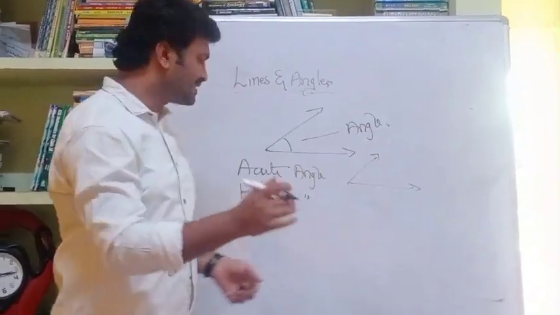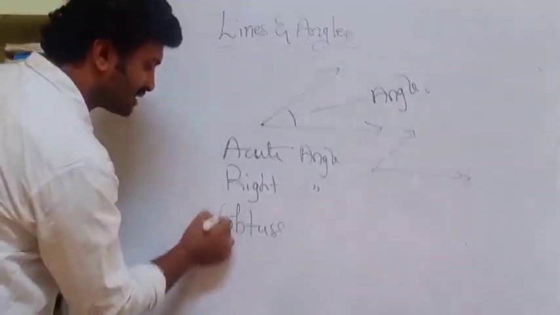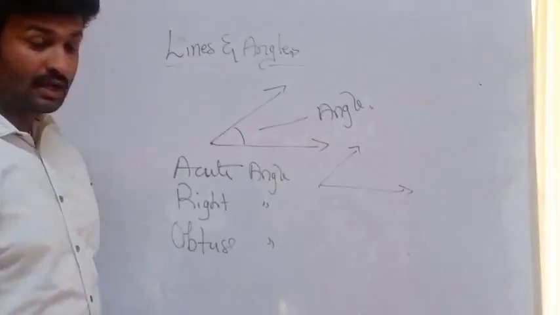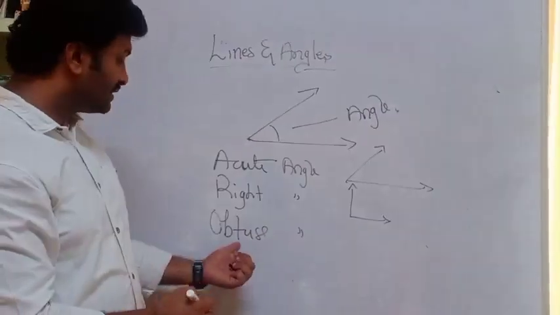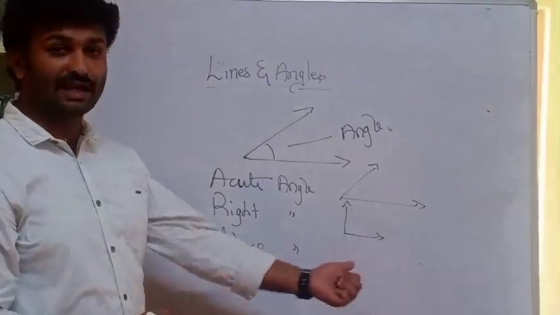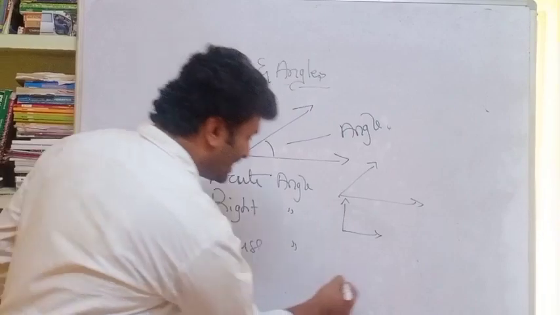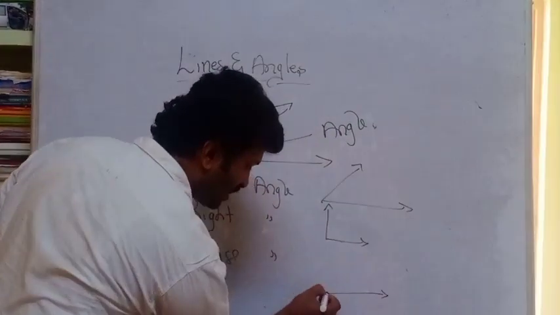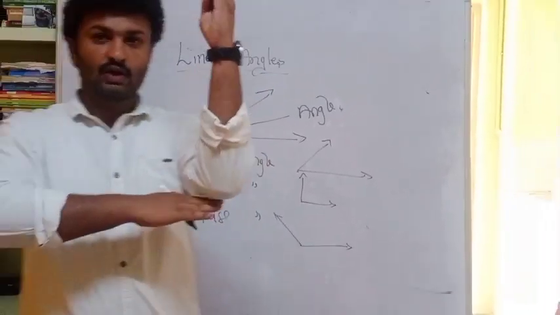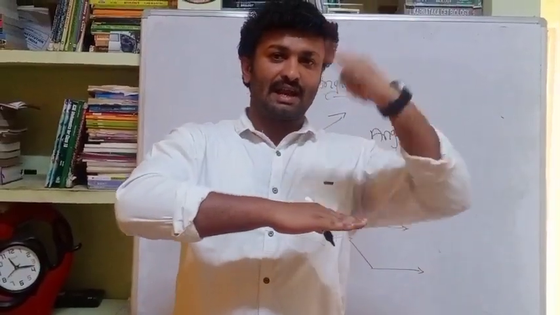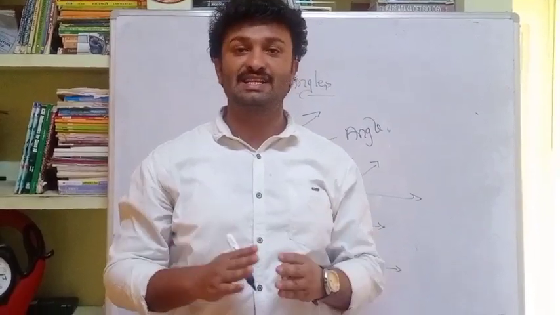Then what are obtuse angles? The angles which measure more than 90 and less than 180 are called obtuse angles.